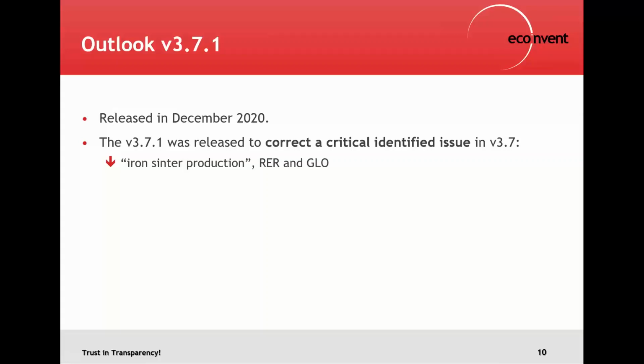Because we were publishing 3.7.1 in order to address this error, we decided also to update another dataset, which is zinc mine operation, global. In this case, the data provider, the International Zinc Association, communicated to us a needed update on the amount of the input from environment gold in ground.